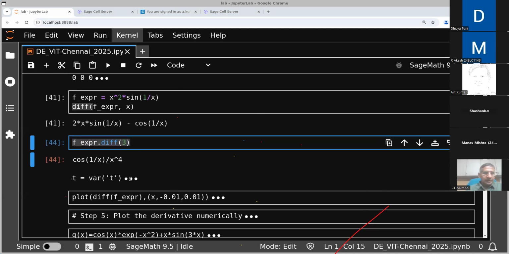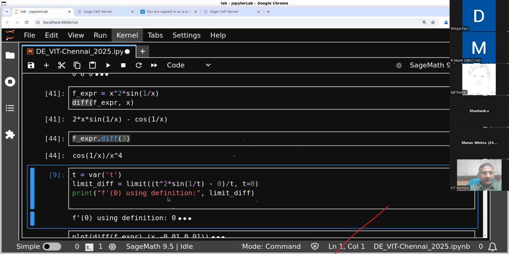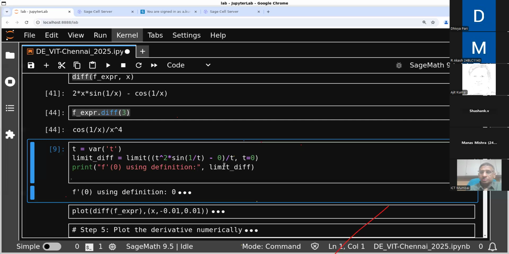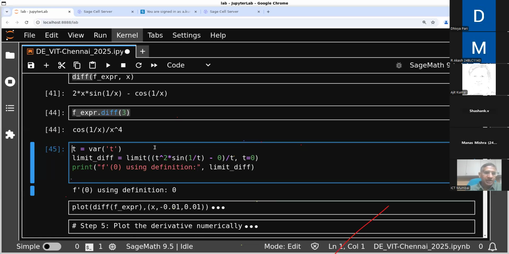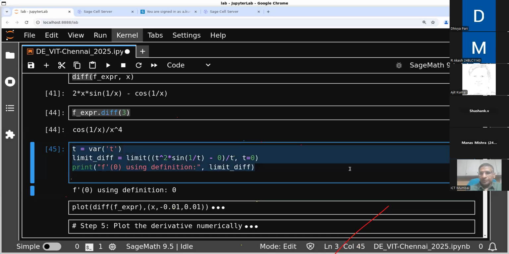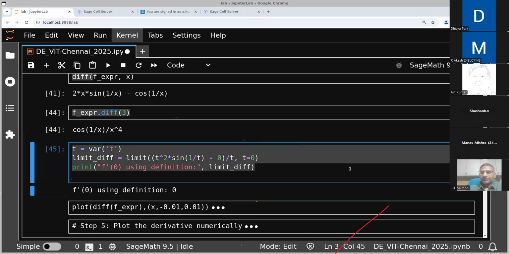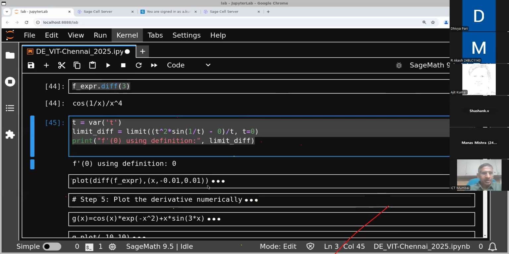Right. For example, we can even find out this derivative using first principle: the limit of f of t minus f at 0, which is defined at 0, divided by t, as t is going to 0. But here t I have to declare as a variable. So therefore we are able to check the derivative of this using first principle.